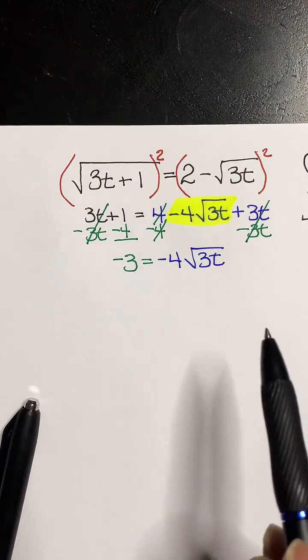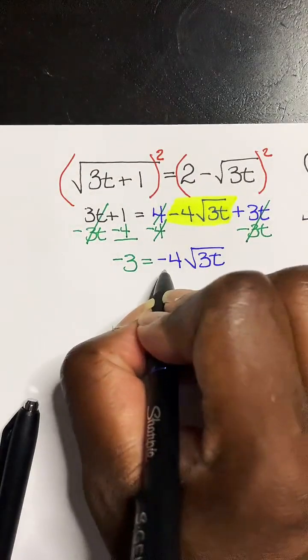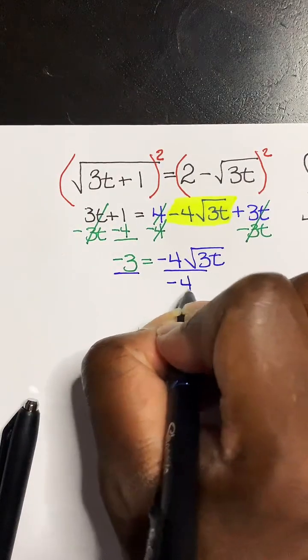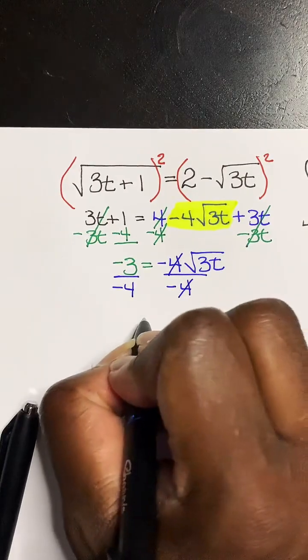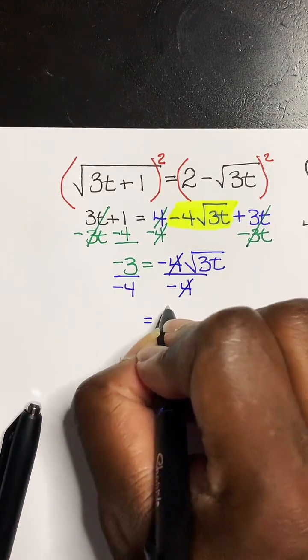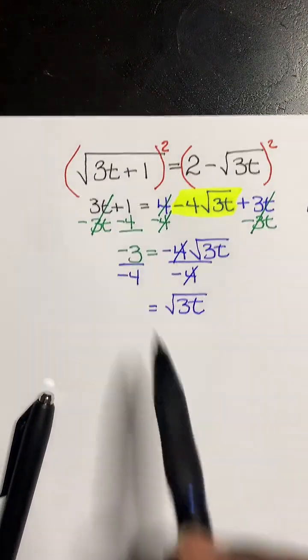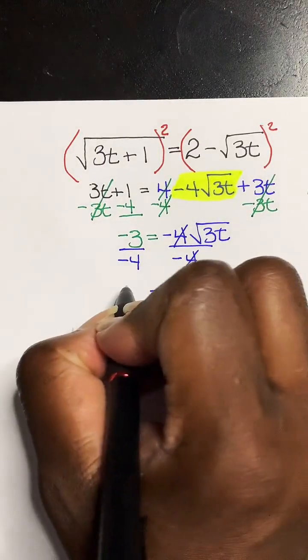Yeah, you could. If I divide both sides by negative 4, I'm really isolating that radical. A negative divided by a negative gives me a positive.